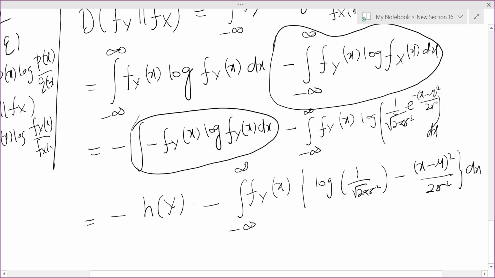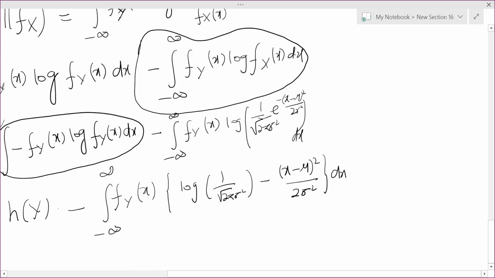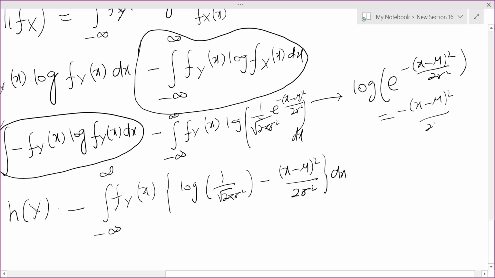I have just applied the formula log of ab is equal to log a plus log b. And the other thing I have applied, we have to be very careful, log of e to the power minus (x minus mu) square divided by 2 sigma square. This will be minus (x minus mu) square divided by 2 sigma square. See, the base is 2, so it is log of e to the base 2. So there will be this part here, log of e to the base 2 dx. Okay.